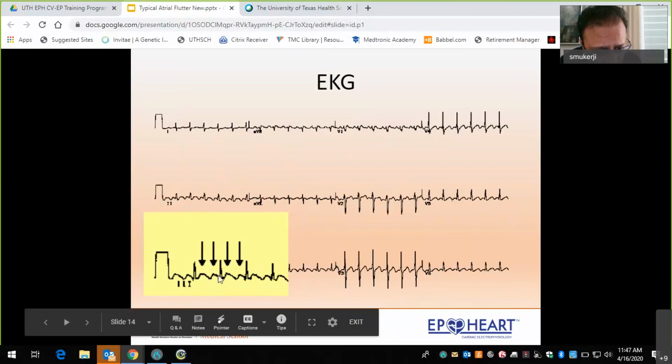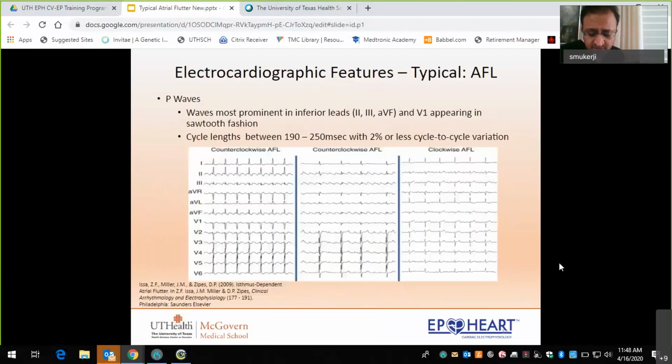Where you see these arrowheads, this is kind of out of focus or misaligned, but this is the P wave you're looking at, and so is this one, and this one. So over here you can see it does fall within the realm of the CTI-dependent atrial flutters.